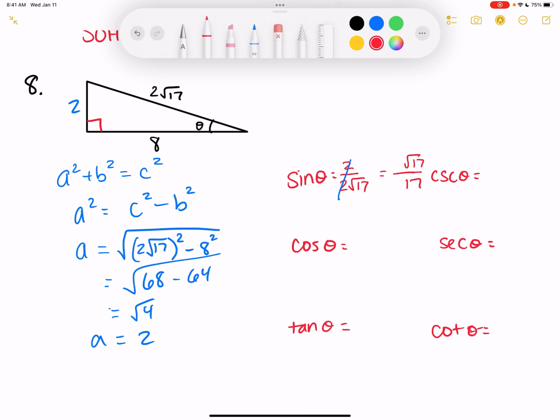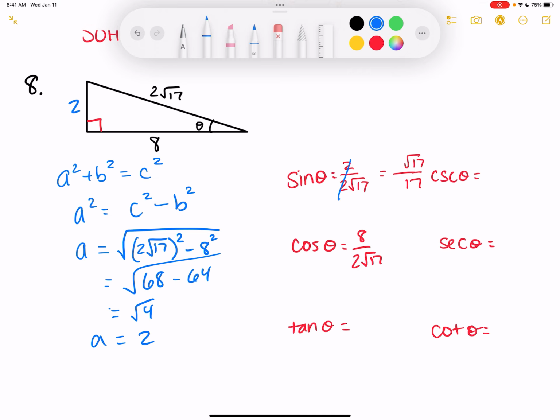So then cosine of theta. Eight over 2 square root of 17. Can I reduce this first? Yes.